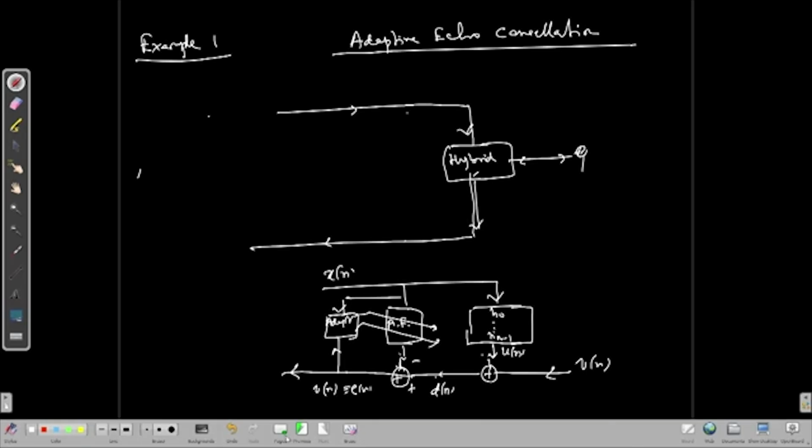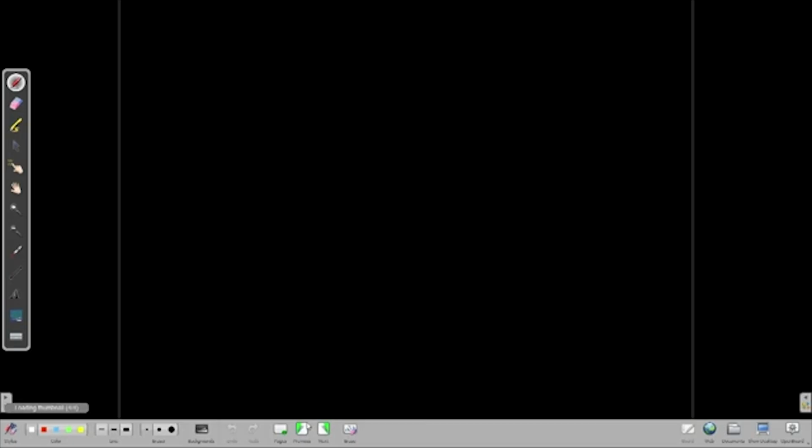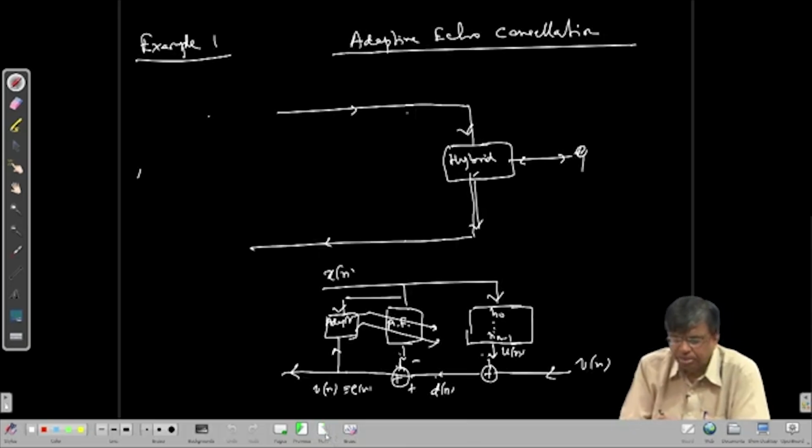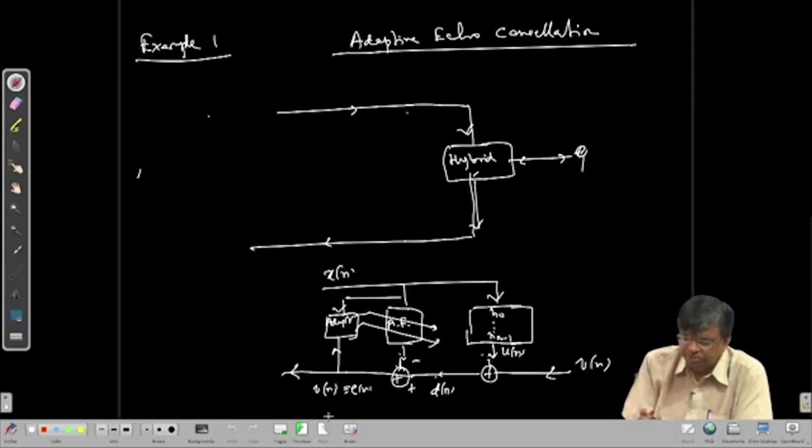Remember, since adaptive filters converge only in mean, not absolutely. In the previous slide also I forgot to mention, the adaptive filter coefficients, under optimal filtering, would ideally be equal to the unknown system coefficients.